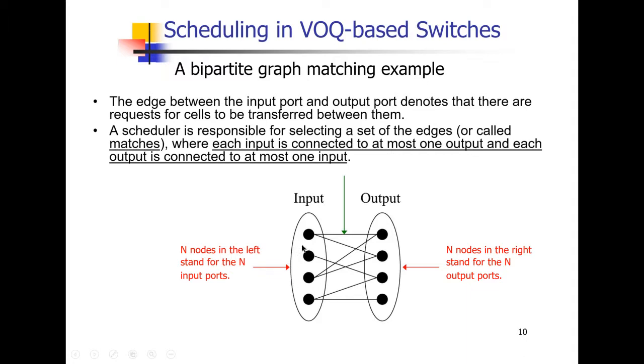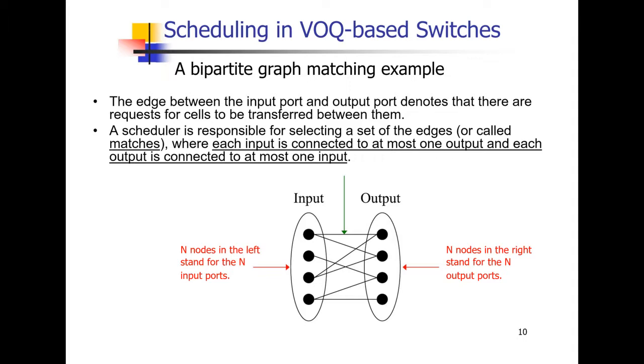And then in the bipartite graph, you always have edges that are connecting a node in the first column with a node in the second column, never edges that are connecting nodes within a column. And so, what does an arc represent in this kind of graph?